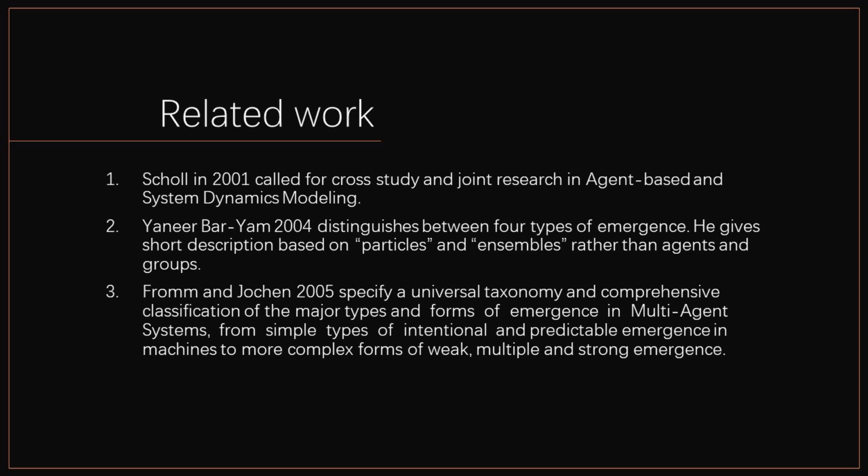Fromm in 2005 specifies a universal taxonomy and a classification of the major types and forms of emergence in multi-agent systems, from simple types of intentional and predictable emergence in machines to more complex forms of weak, multiple, and strong emergence.